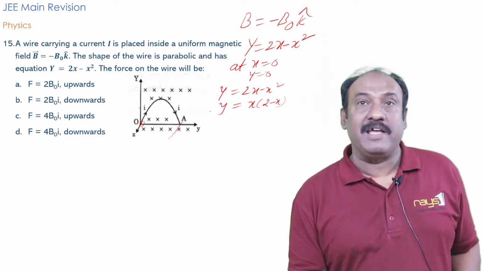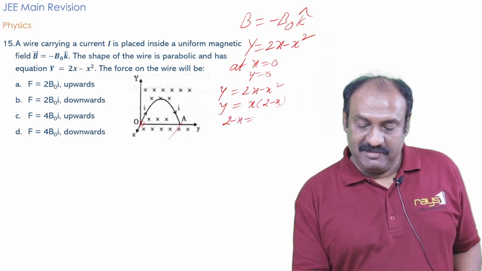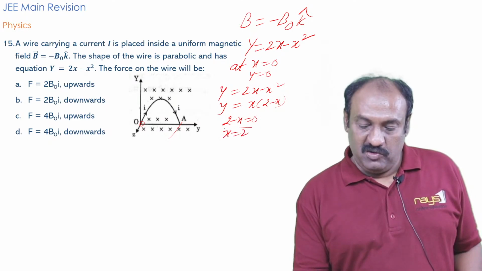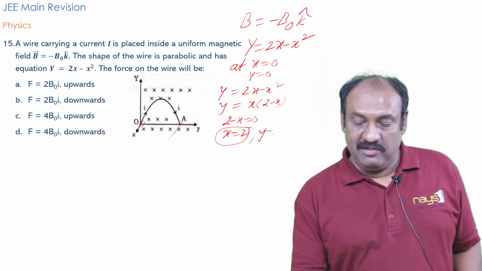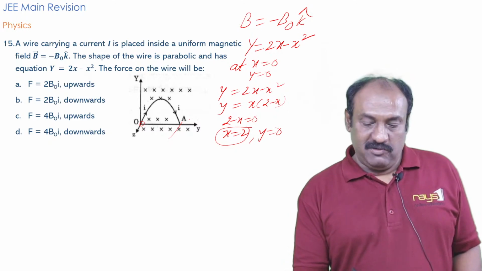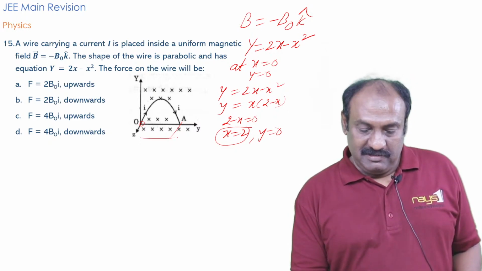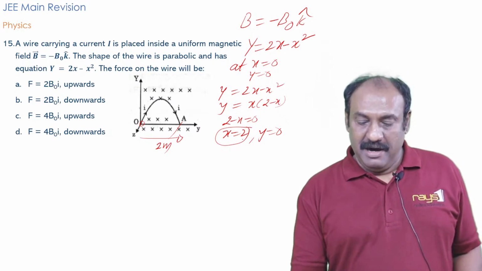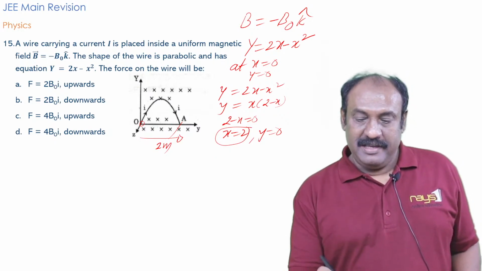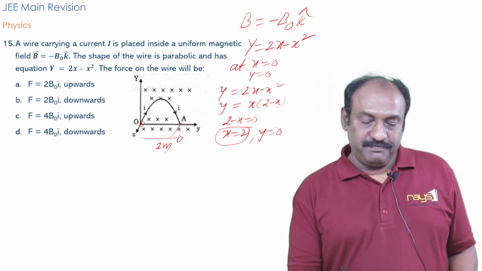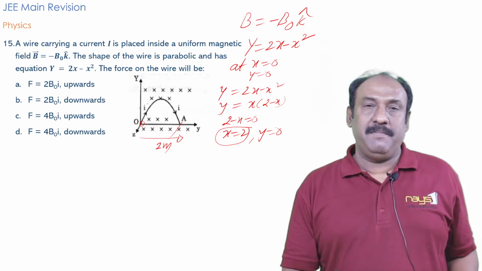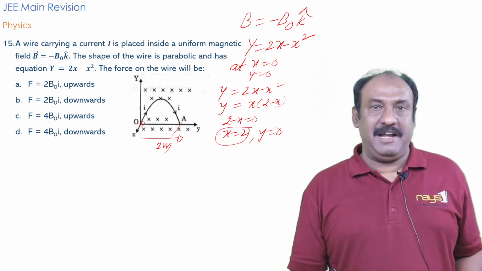So, 2 minus x is equal to 0 according to the given data. Therefore x is equal to 2. So at x equal to 2, y is also 0. So this length is 2 meters. Therefore L bar is 2i bar. So L bar is 2i bar, the length of the conductor carrying current kept in a uniform magnetic field directed into the plane of the paper.